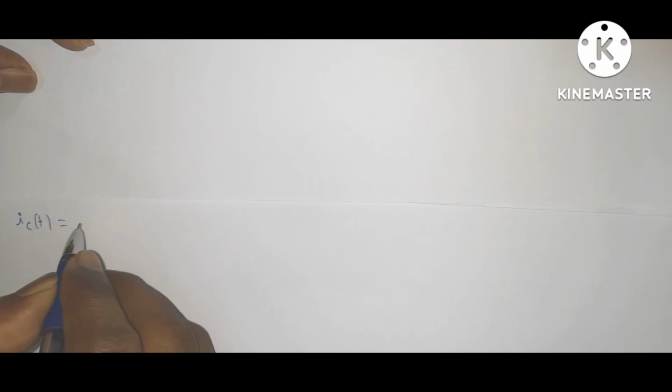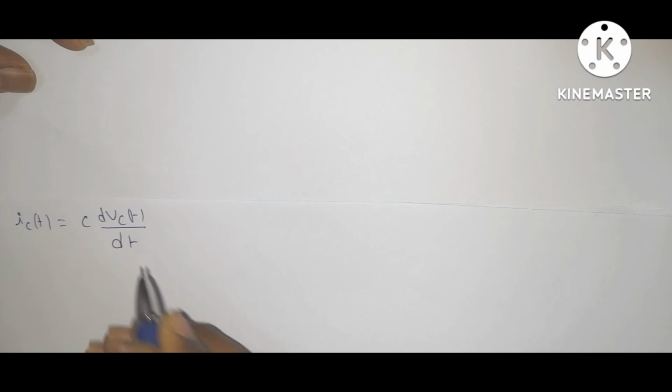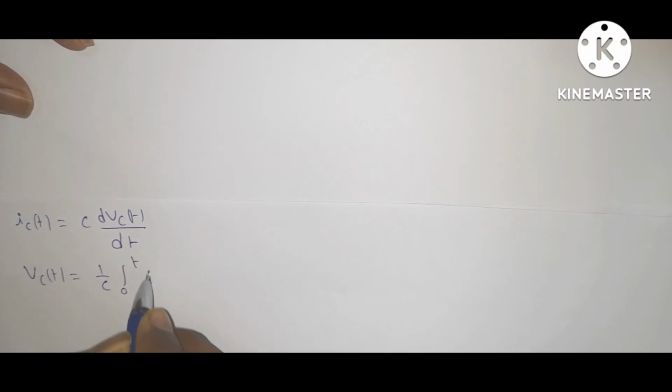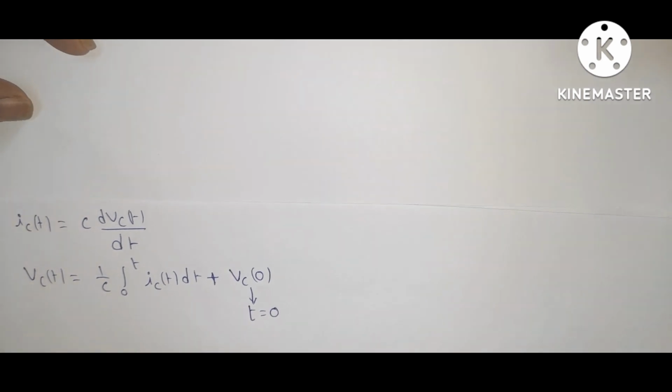From this expression write VC of t. VC of t is equal to 1 by C into integral of 0 to t IC of t dt plus VC of 0. This is the voltage across the capacitor at t is equal to 0, or the initial voltage on the capacitor.